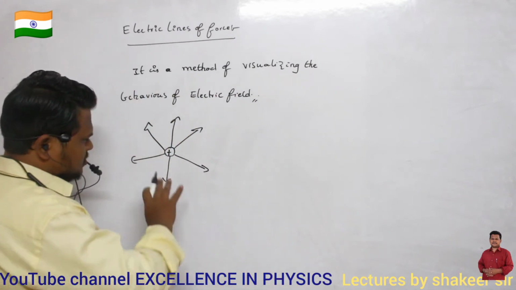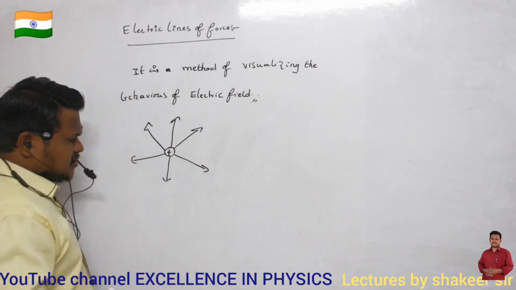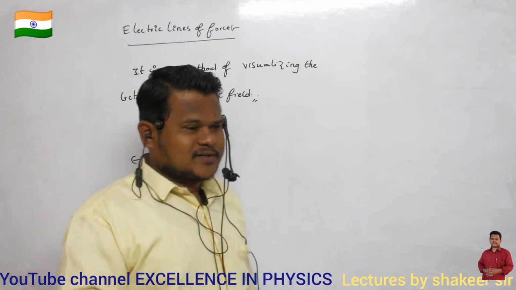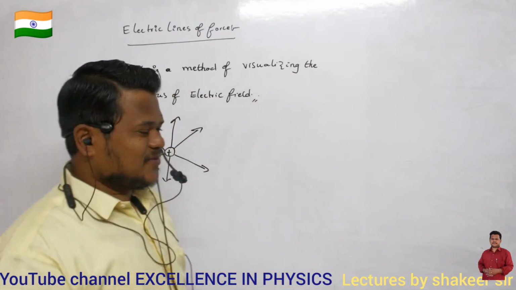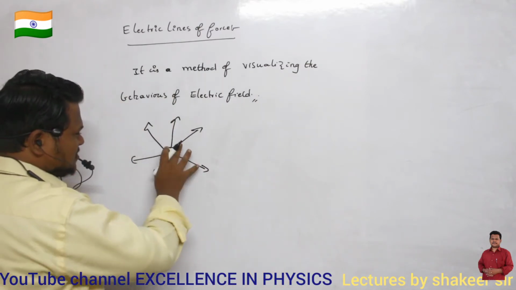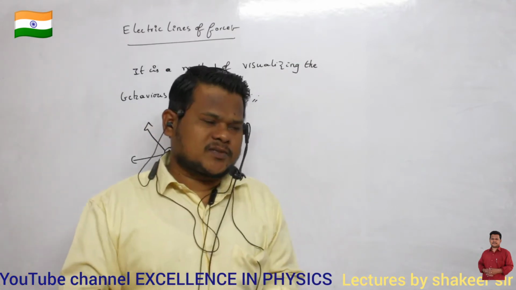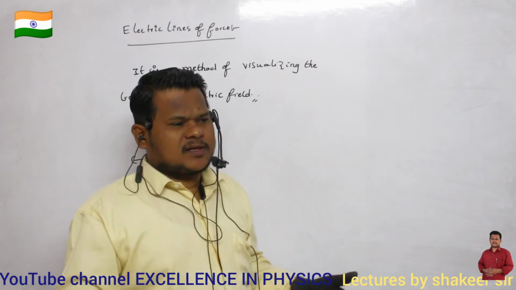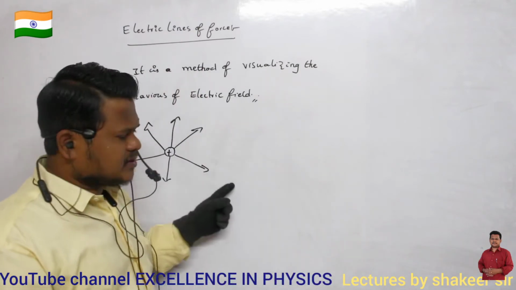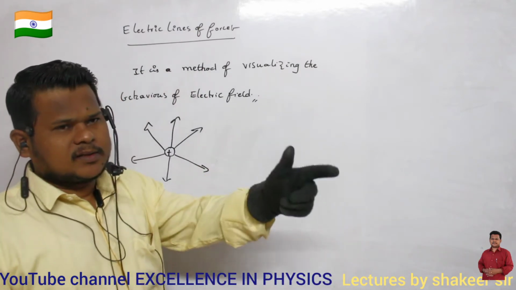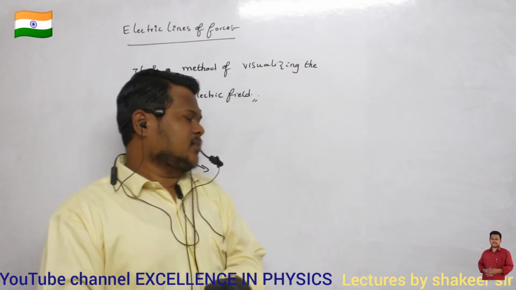Are these electric lines actually existing? They are not existing. It is our assumption, that's all. We assume that some lines called electric lines of force travel away from the positive charge. Actually, there are no electric lines of force. This is our method of assuming the behavior of electric field.